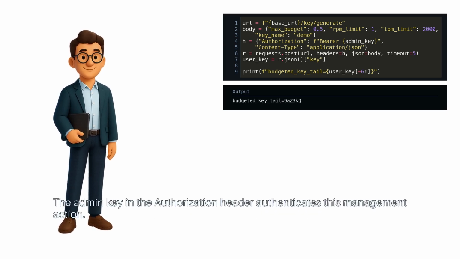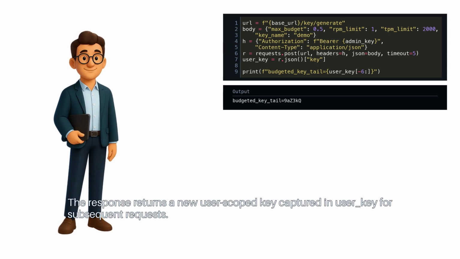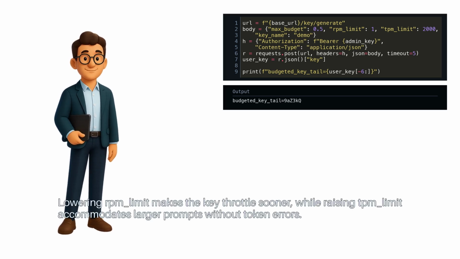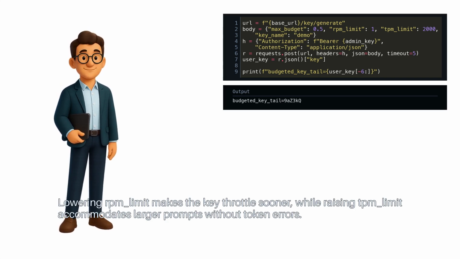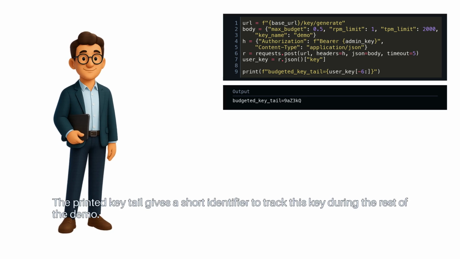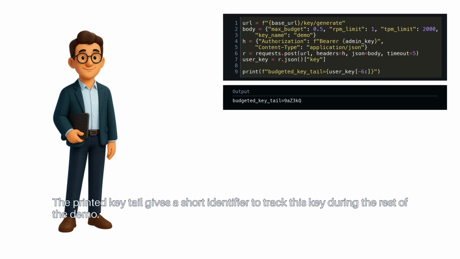The admin key in the authorization header authenticates this management action. The response returns a new user-scoped key captured in user key for subsequent requests. Lowering RPM limit makes the key throttle sooner, while raising TPM limit accommodates larger prompts without token errors. The printed key tail gives a short identifier to track this key during the rest of the demo.